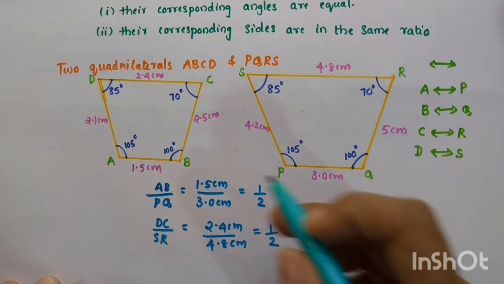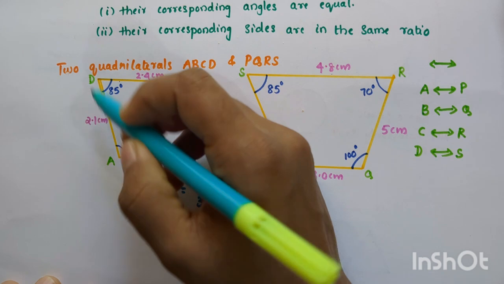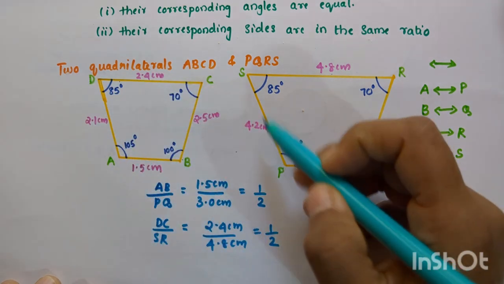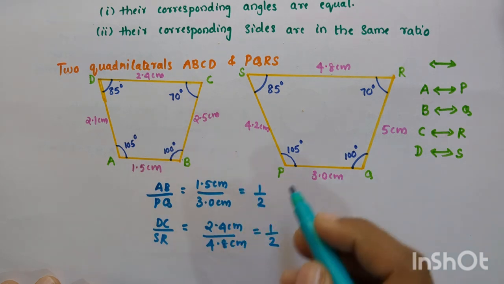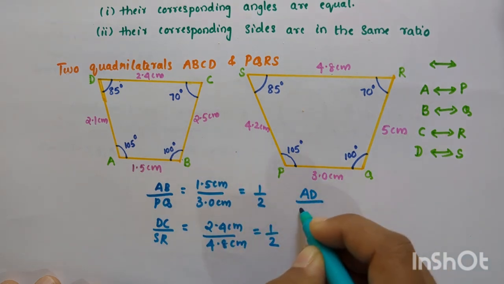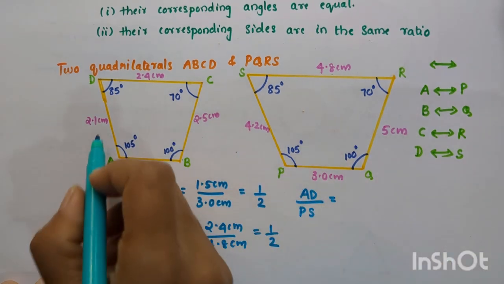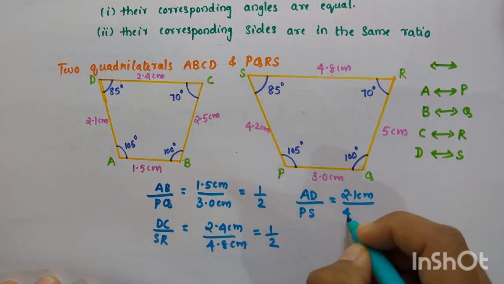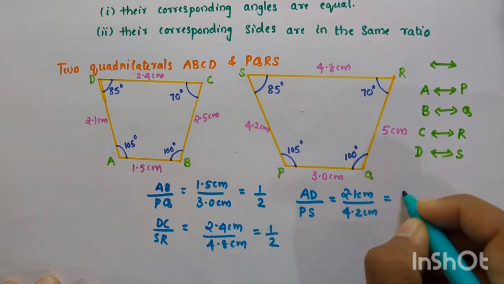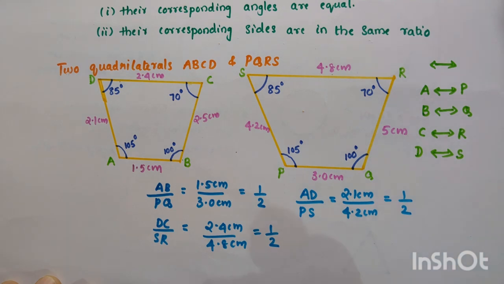Similarly, corresponding to this side AD of the first quadrilateral, here we have this side PS of the second quadrilateral. So the ratio of these two sides, AD divided by PS, is equal to 2.1 centimeters divided by 4.2 centimeters. When you do this calculation, you will get 1 by 2.